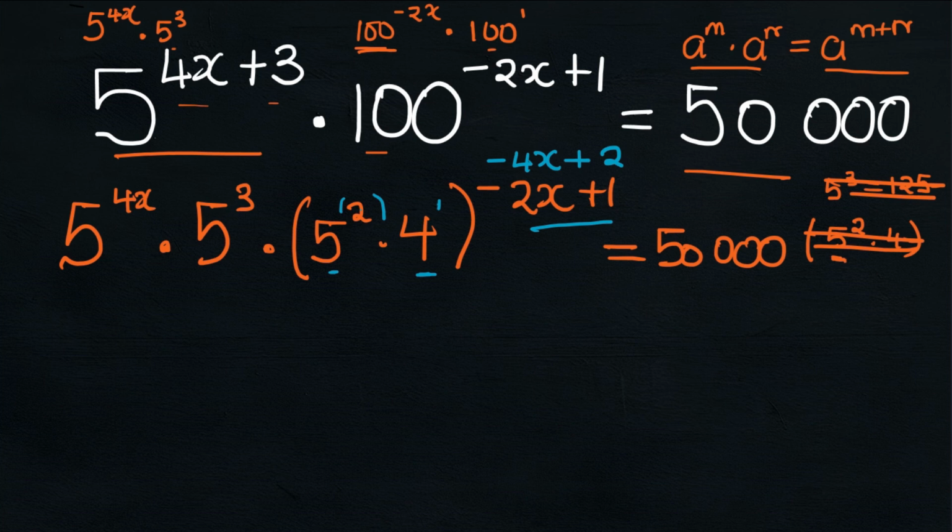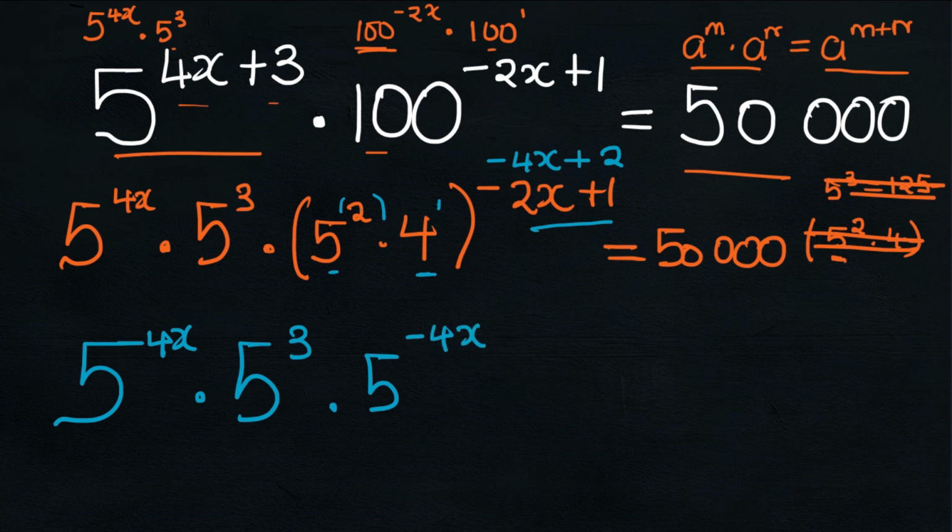So our next step is going to be 5 to the power of 4x multiplied by 5 to the power of 3 multiplied by 5 to the power of minus 4x plus 2 multiplied by 4 to the power of minus 2x plus 1 is equal to 50,000.